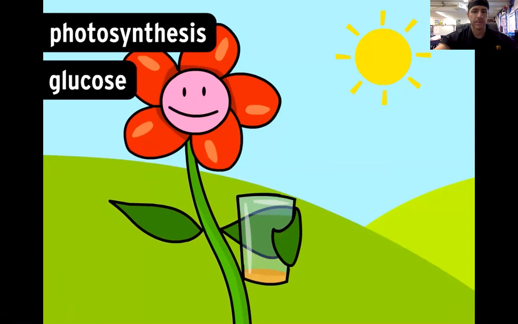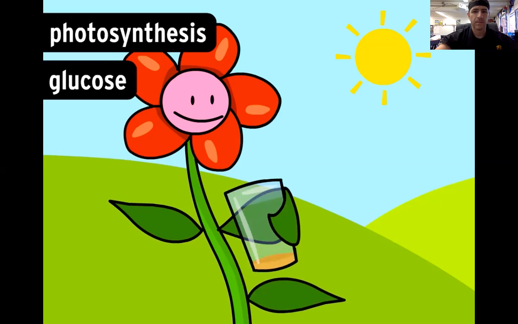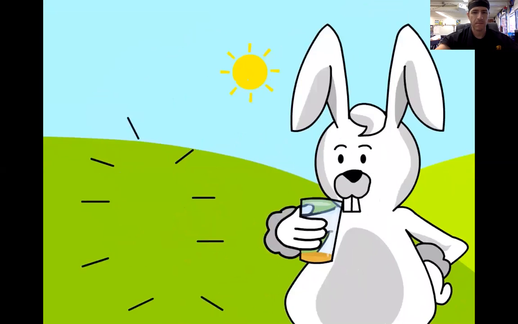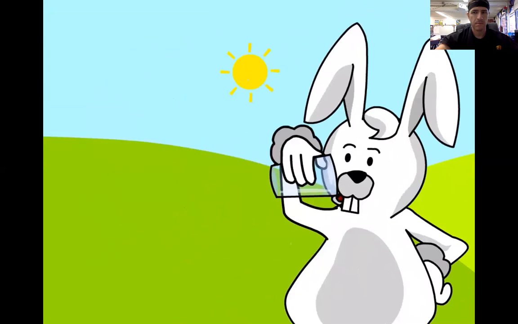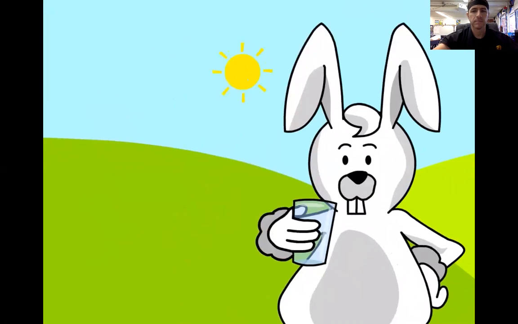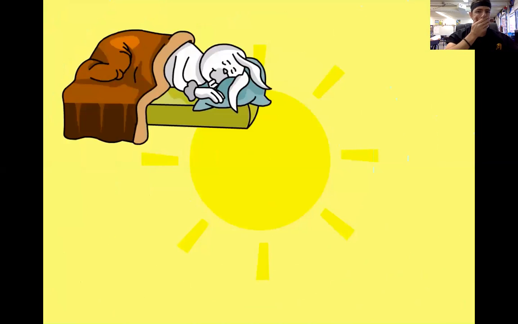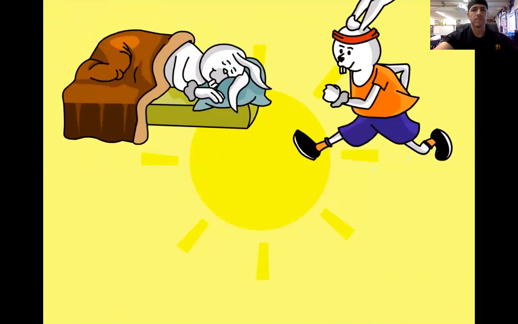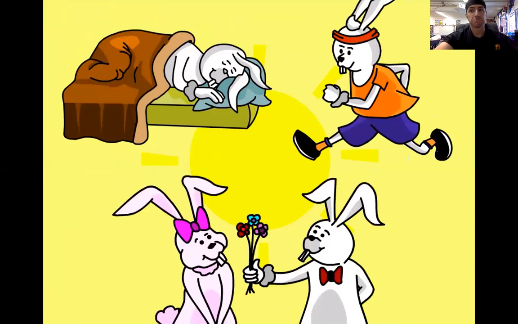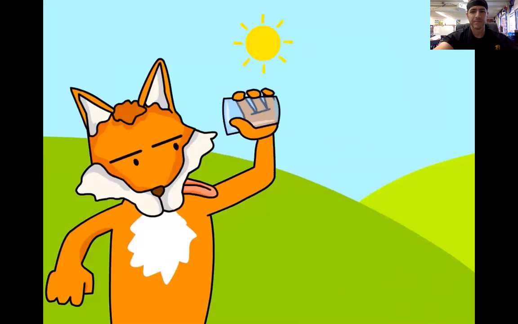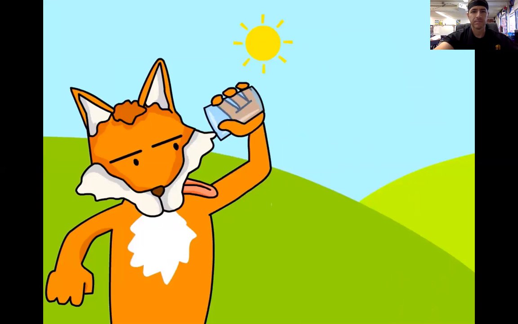Plants use up most of the glucose they make to grow and reproduce, but they store a little bit of it in their bodies. So when a rabbit eats a plant, he's only getting a small fraction of the energy the plant got from the sun. The rabbit, in turn, uses up most of that energy to do things like breathe, keep warm, move around, and make baby rabbits. So if a fox comes along and eats that rabbit, he's only getting a teeny tiny fraction of the energy that was first absorbed by the plants. Get it?